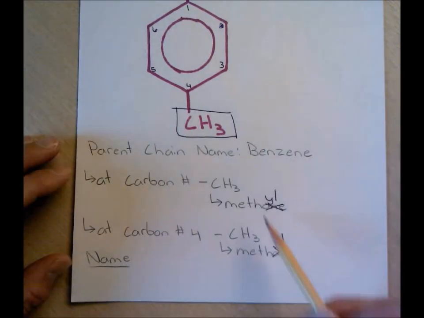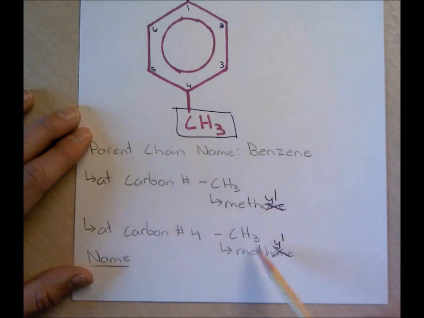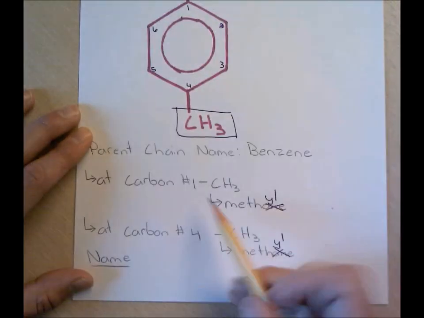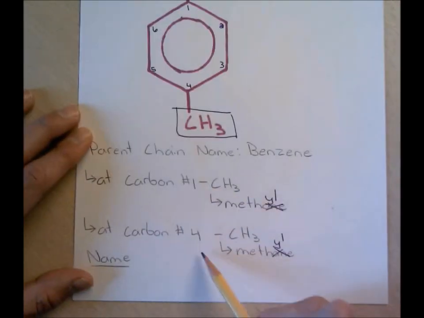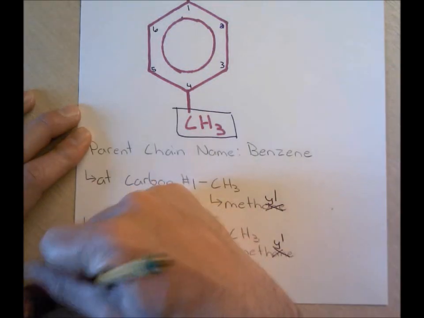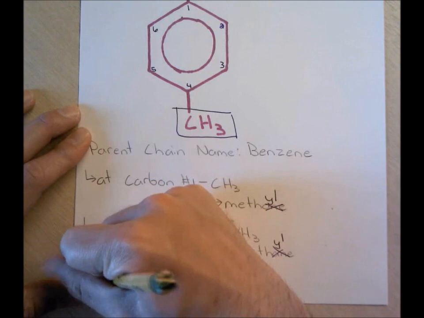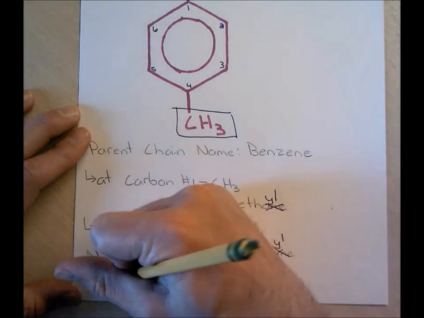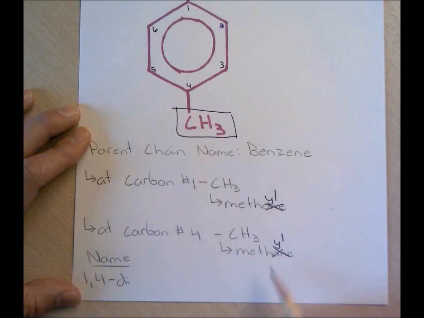Because they're both methyl groups, we start out with the number, whoops, I forgot the carbon numbers that these occur at. Because they occur at carbon 1 and 4, we put 1,4 and then a dash. Because these are 2 of the same groups, the prefix for 2 is di, and then right on to the end we put methyl.